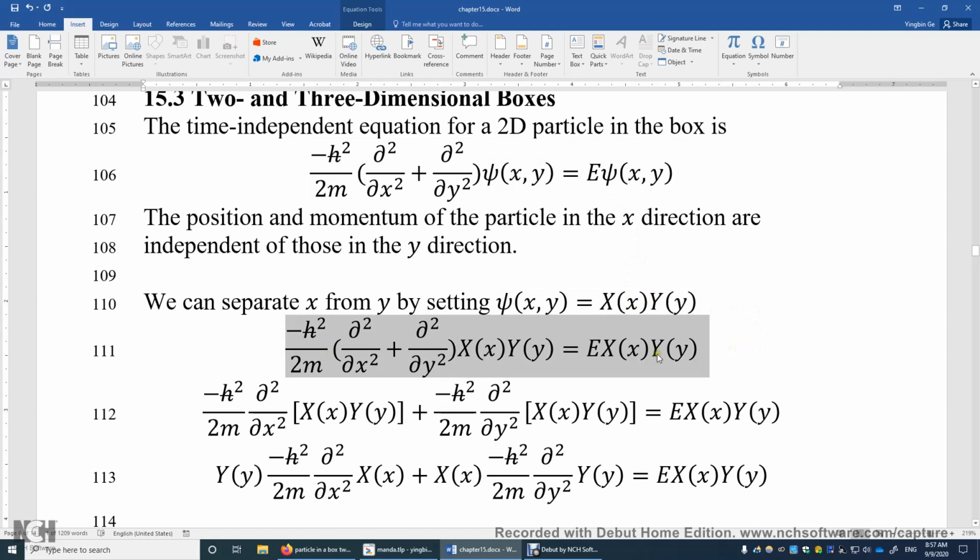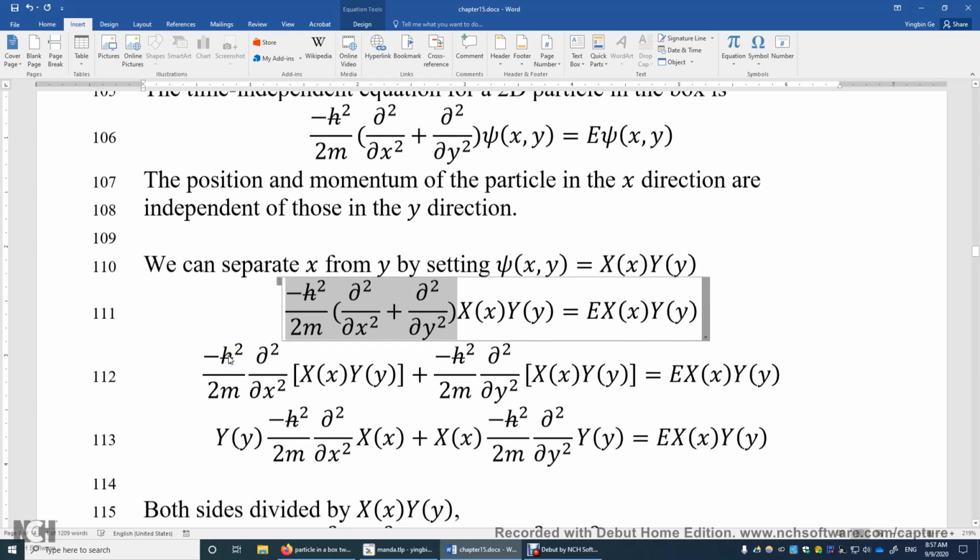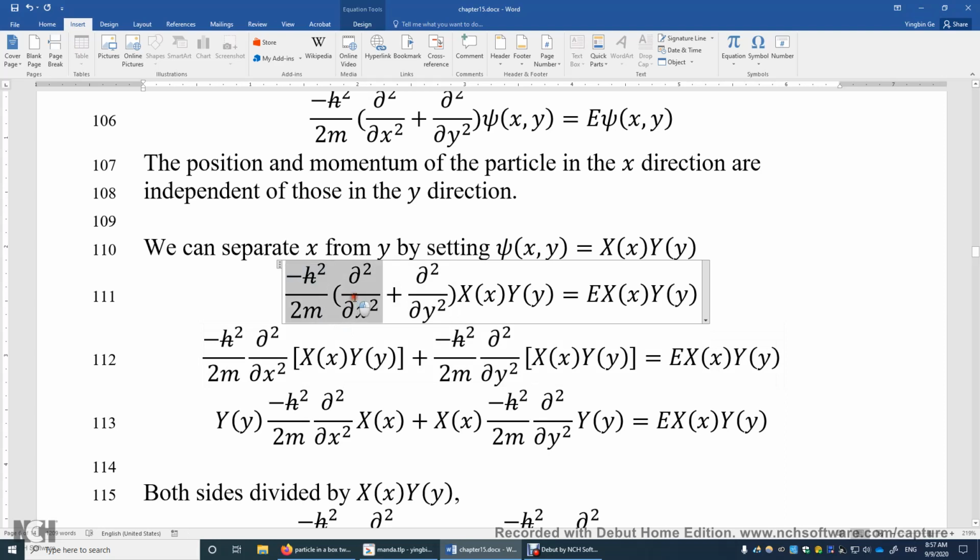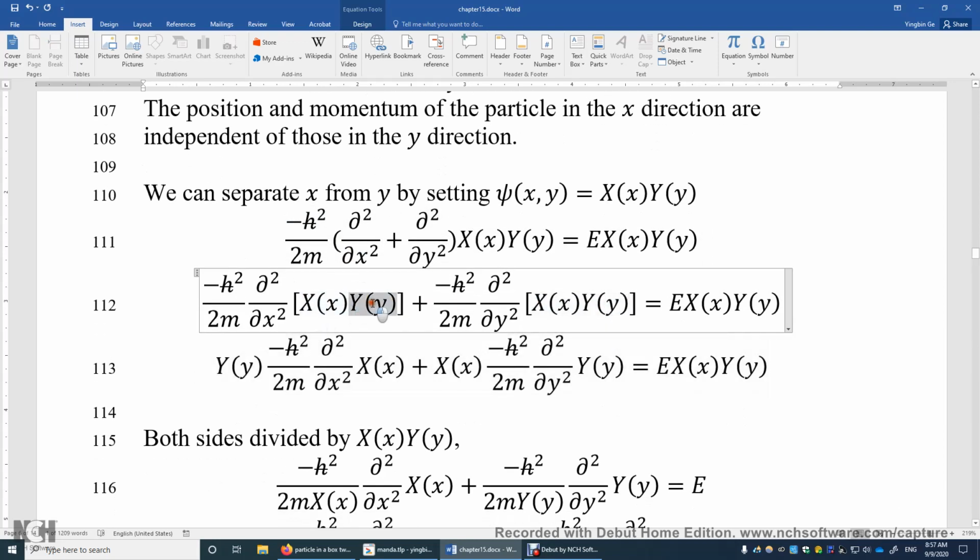Again, this equation is simply H psi equals E psi. Psi is X times Y. H is the sum of the kinetic energy in the x direction and the kinetic energy in the y direction. So now we apply this second derivative operator to the wave function, the product of X and Y. Remember, Y is independent of x, and X is independent of y.